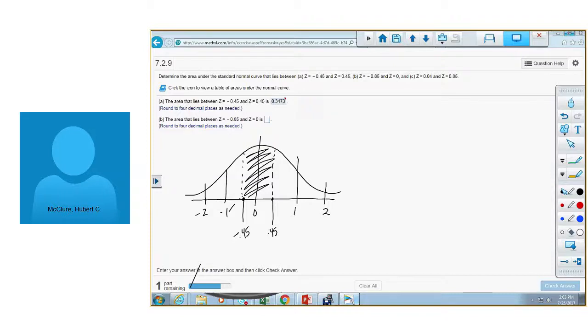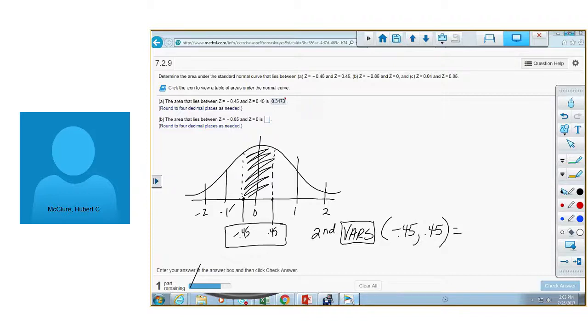Well, the good thing is you don't have to convert anything because you've already got your what? Z-scores. So, second, bars, parentheses, negative 0.45, comma, 0.45.